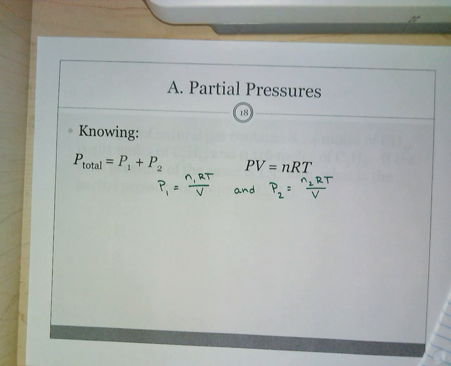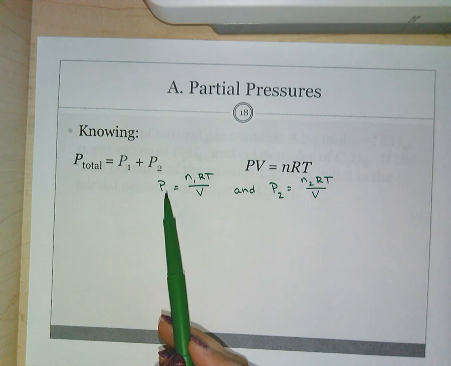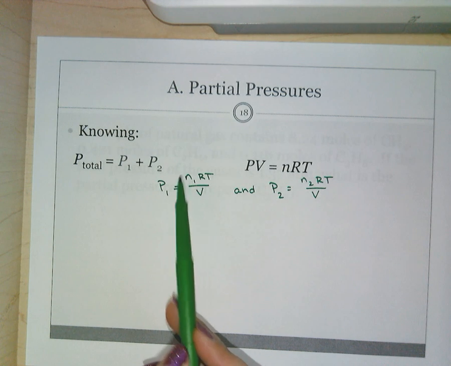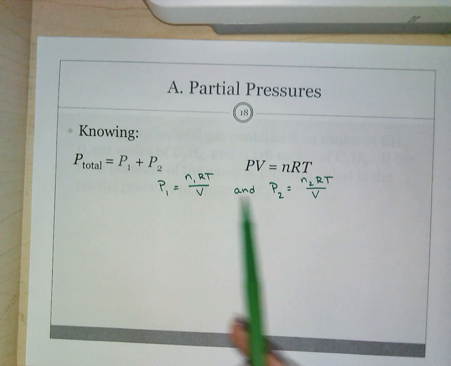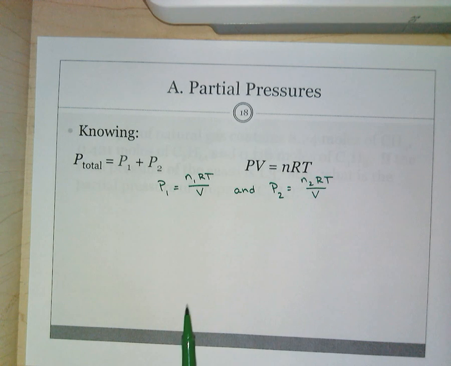So the pressure of 1, using the ideal gas law, assuming the container is constant, the gas constant is a constant, and temperature is a constant, is related to the moles of 1, and pressure 2 is related to the number of moles of 2. Same container, same temperature, gas constant's constant.